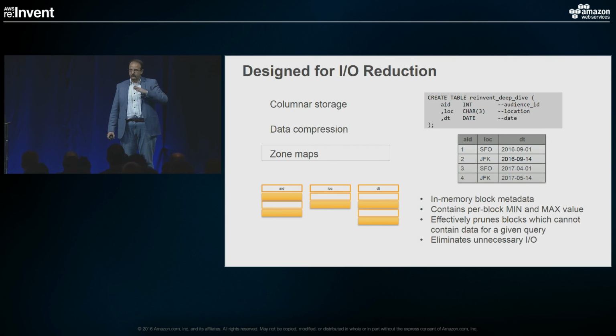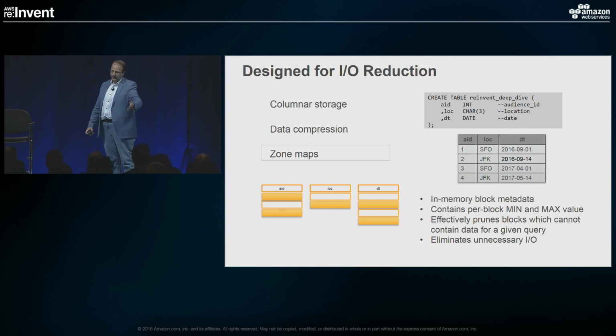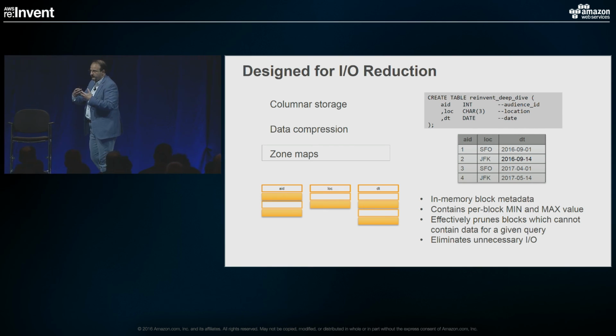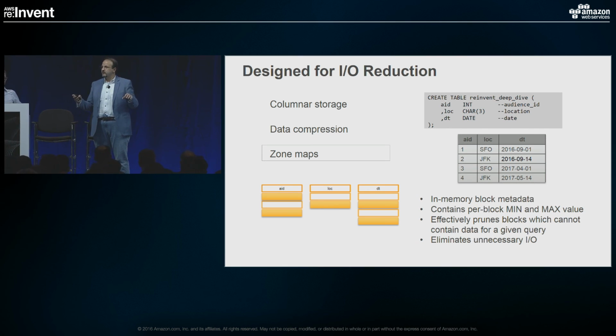So when you're scanning for a particular value, we look at the header in memory first. If the value I'm looking for doesn't fall in between min and max, I don't touch that block. And then if I have multiple parameters, like I'm doing location and date and ID, we do an intersection of the blocks or the row numbers that need to be scanned and only scan the blocks that you need.